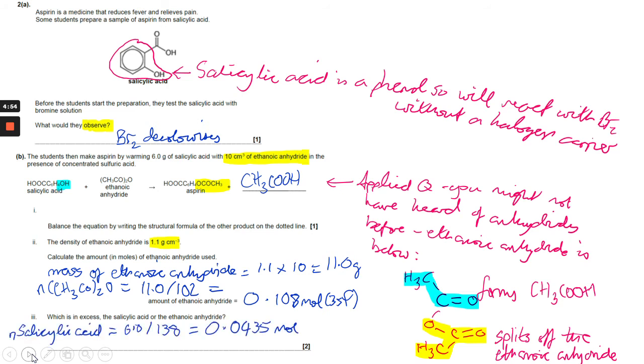And then you need to work out the moles of salicylic acid. The molar mass of salicylic acid is 138 grams per mole. Divide 6 grams of salicylic acid from the question by 138 to give you 0.0435 moles. Now that number is less than 0.108, so therefore the ethanoic anhydride is in excess.